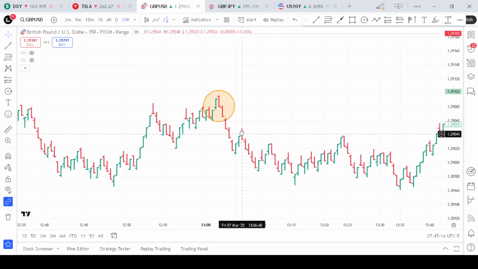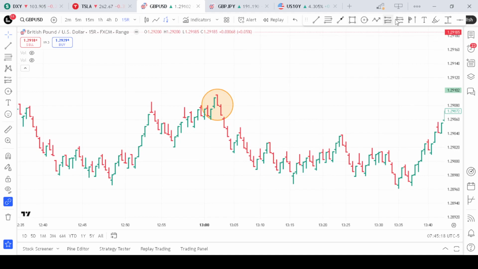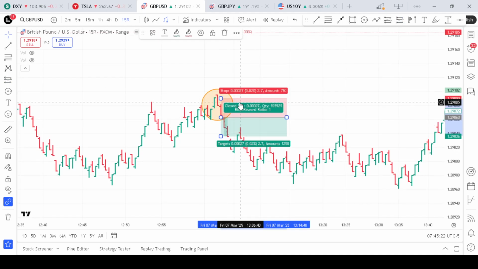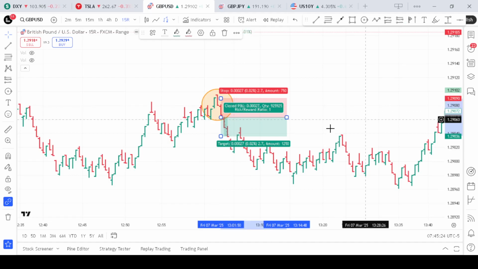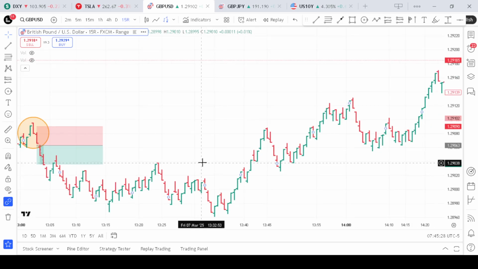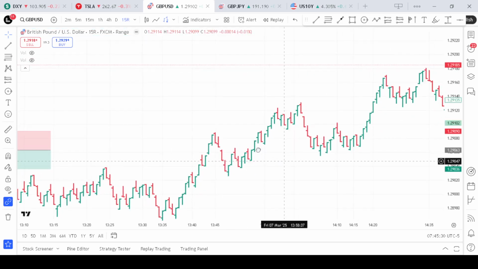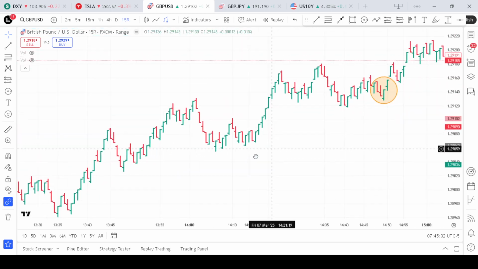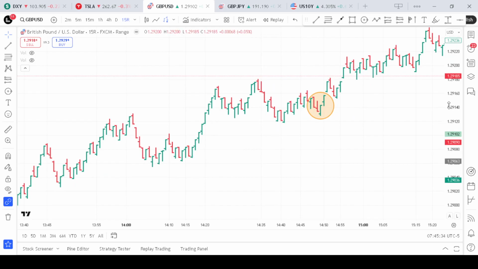Now, how do we exit a trade? If we enter a trade at this particular area in the market, we exit our long position when the range bar closes below the previous low, suggesting a potential trend reversal.